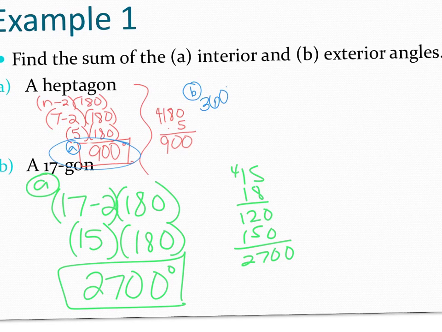So 17 minus 2 is 15. 15 times 180, 2,700. That's right? I'm on a roll now. Okay, all right. And the sum of the exterior, 360.